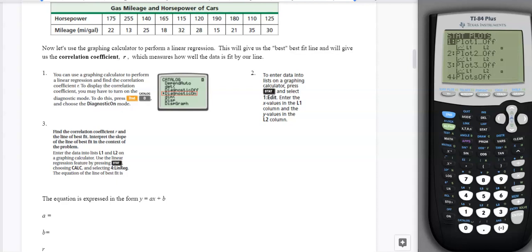And I want to actually turn that on. So I'm going to hit enter, and it turns it on. Hit enter, and then we can tell it what type we want. Well, I think right now it's already selected as a scatter plot. And you don't really need to mess with the other stuff. This is just saying, are we going to use L1 and L2? Yes. Do we want our dots to be bigger? I like the bigger dots better. And now I'm going to hit graph.